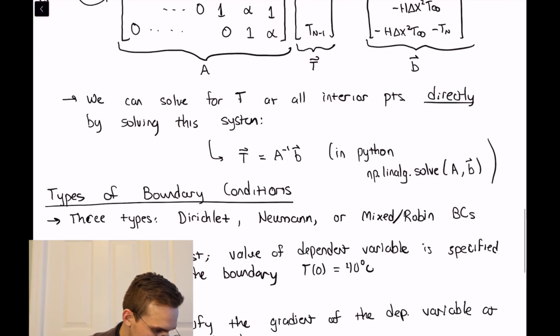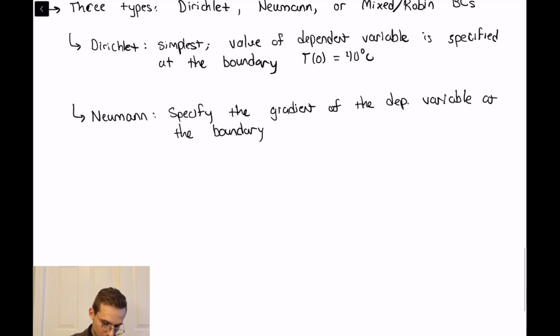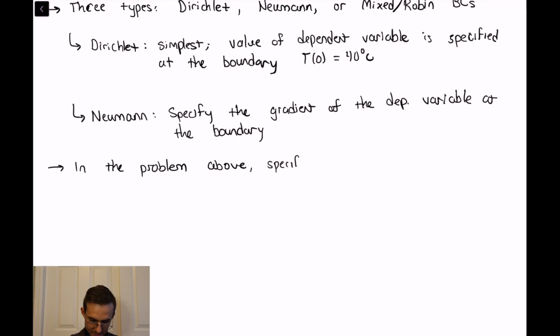Let's see here. So we'll kind of linger on these Neumann boundary conditions for a second. So imagine in the problem above, we might want to specify that one end of the rod is insulated, like I said. Okay, so specify that the left hand side of the rod is insulated.